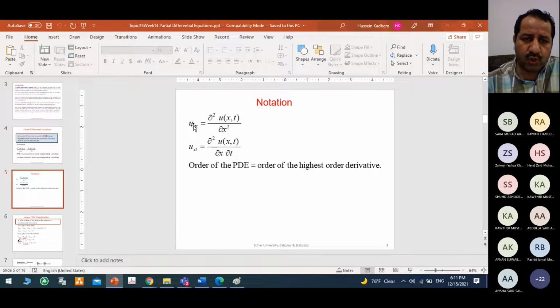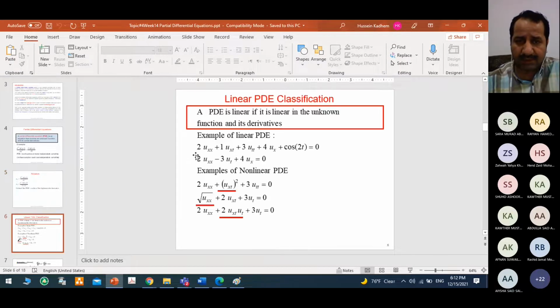But here u_xx means u has been differentiated partially with respect to x first and then second with respect to x, while here u is partially differentiated with respect to t and then with respect to x. I mean, after we differentiate with respect to t, we then partially differentiate with respect to x. With examples, I will explain, but let me just go through the general ideas here.